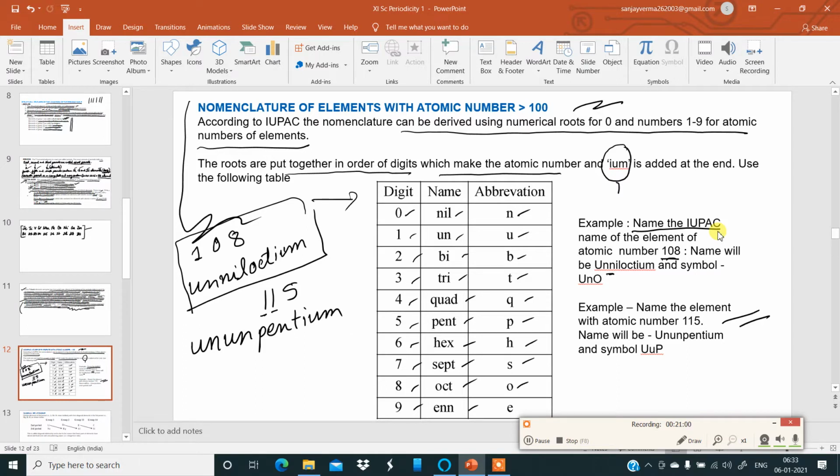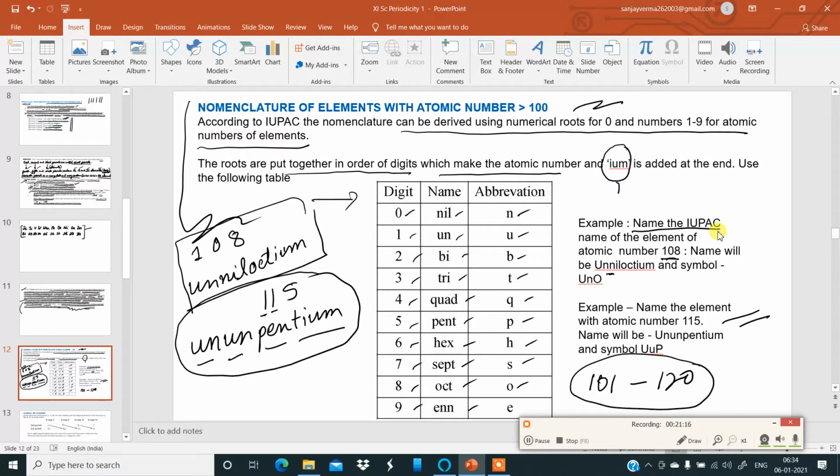So for the element with atomic number 115, the IUPAC name is ununpentium. So take elements with atomic numbers from 101 to 120 and try naming them yourself in your exercise copies. You will just enjoy this. It is wonderful.